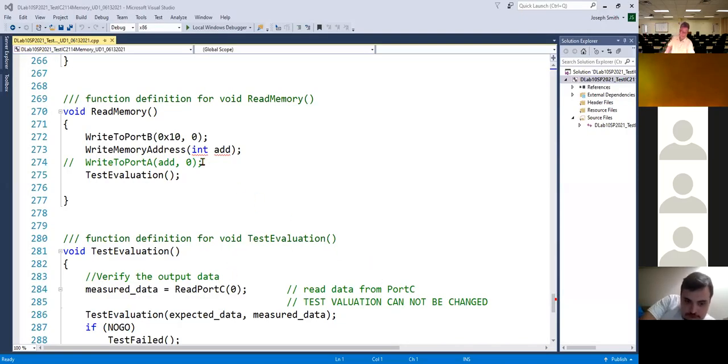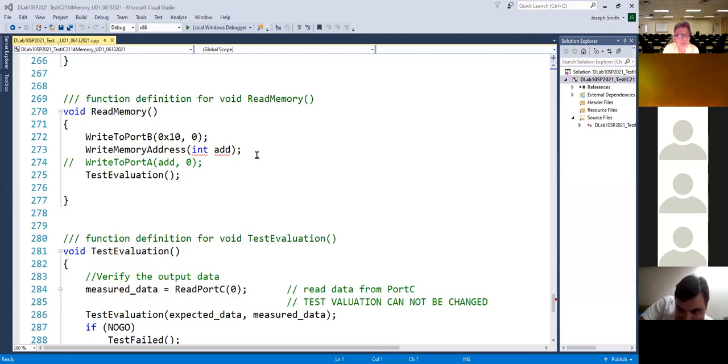Yeah. On line 273, what did I do wrong? This is D Lab 10, number 10. 273. Okay. You say void read memory, but you don't tell what location you want to read.